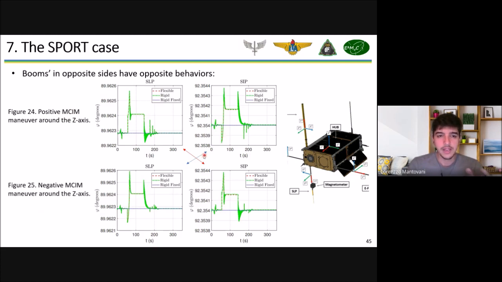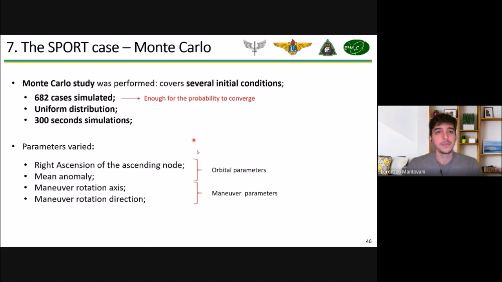So if we apply now a negative rotation about the z-axis, the opposite direction, we have the opposite behavior. You see that the SLP graphic now matches the SIP graphic, and now the SIP graphic matches the SLP graphic. So these are some expected behaviors we wanted to see, and it's good that we are seeing them.